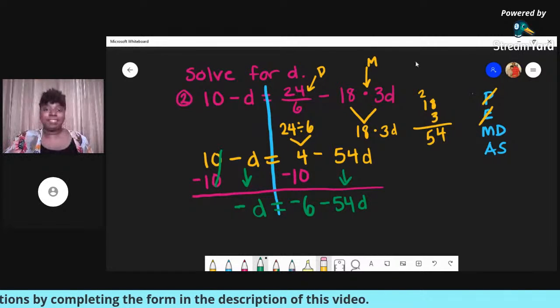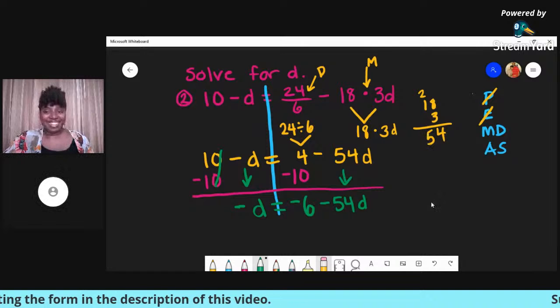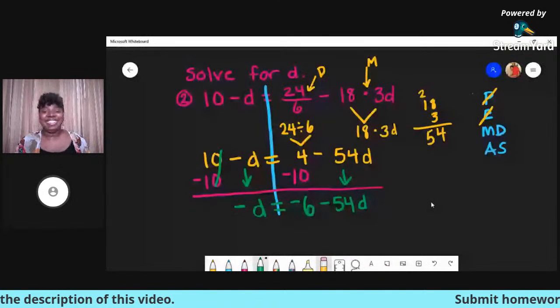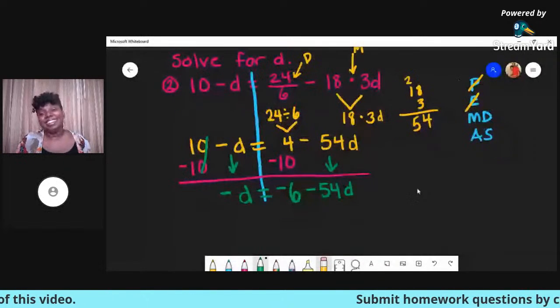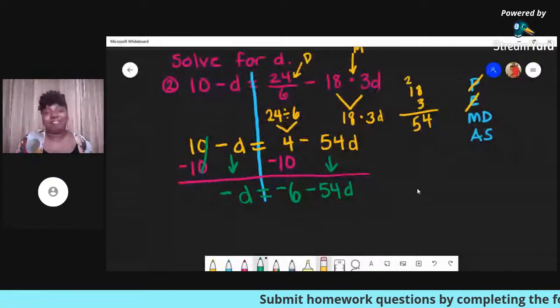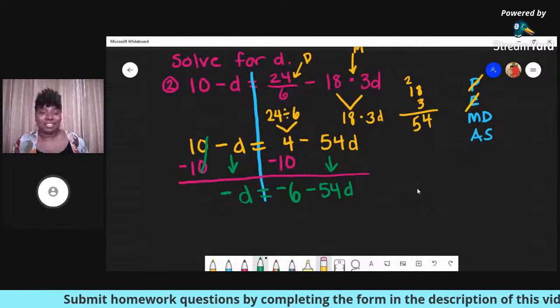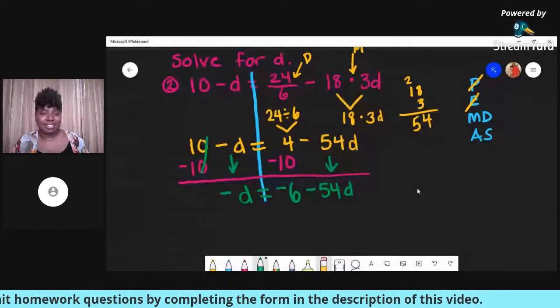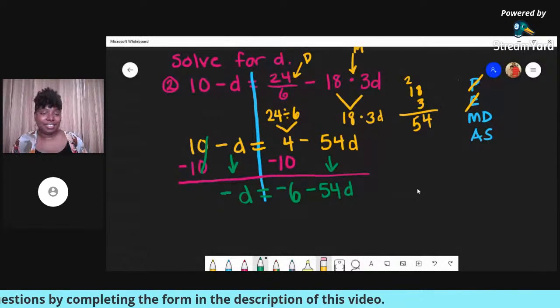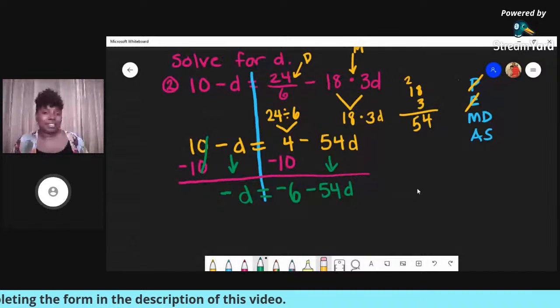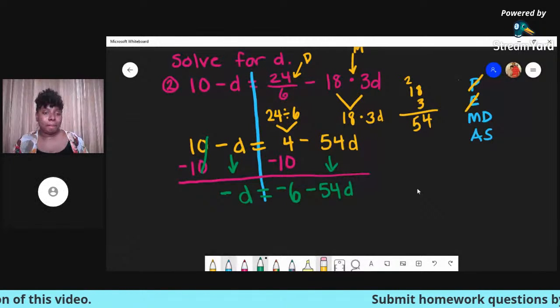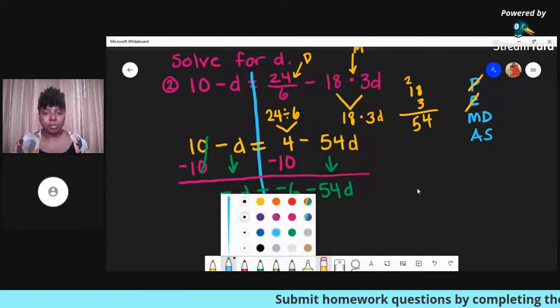All right, so we're still not done, but we're getting closer. I'm still feeling better. Now we need to get rid of the negative 6, or do we need to get rid of the, no. Let me think this one through.